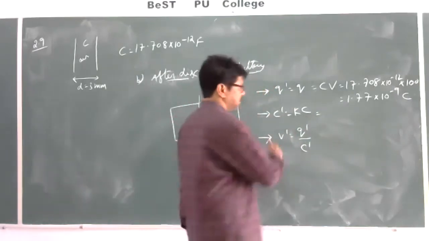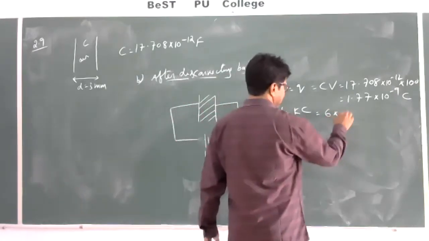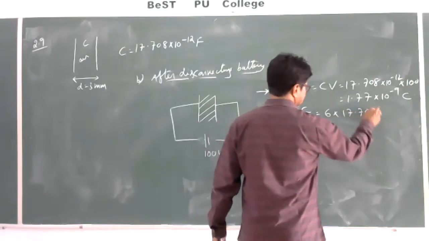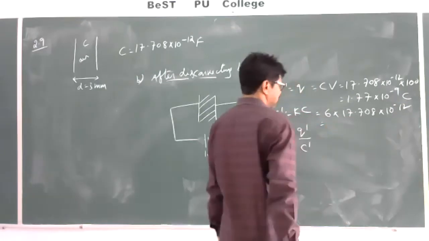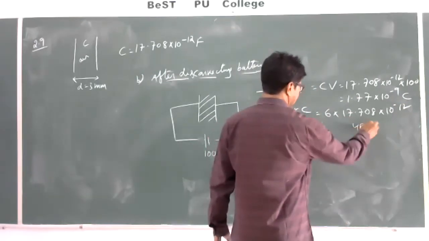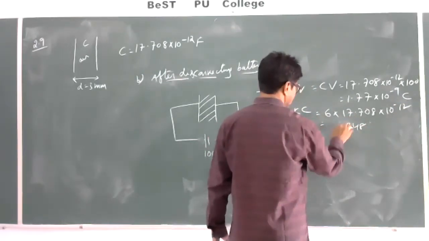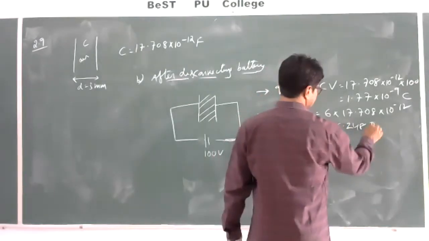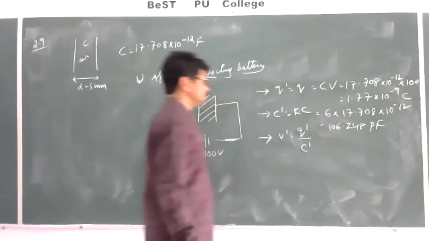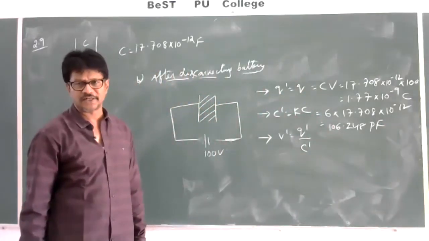C dash is equal to Kc. Already we discussed, 106.248 picofarad will be the new capacitance.